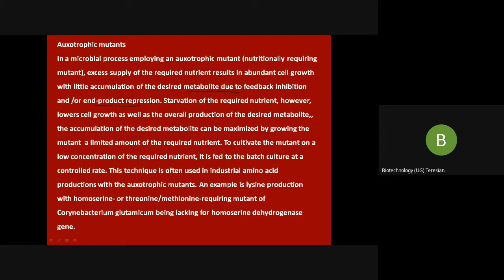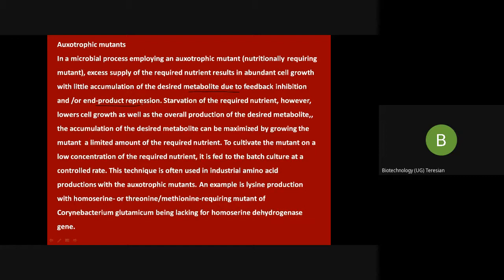If you starve your organism, what will happen? Starvation of the required nutrient lowers the cell growth as well as the overall production of the desired metabolite. If you are starving your organism, the problem is the cells will not grow, and the overall production of your desired metabolite will also not be up to the mark.